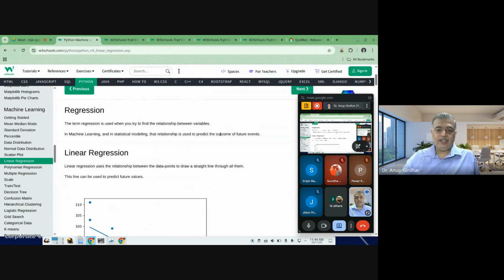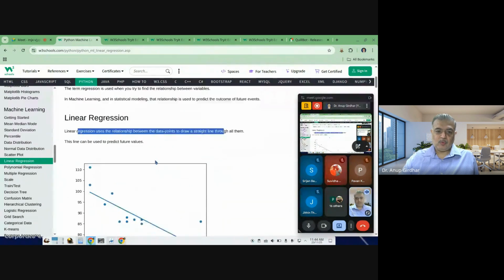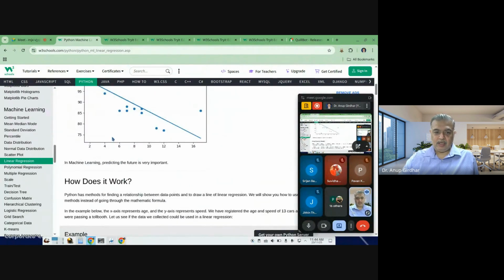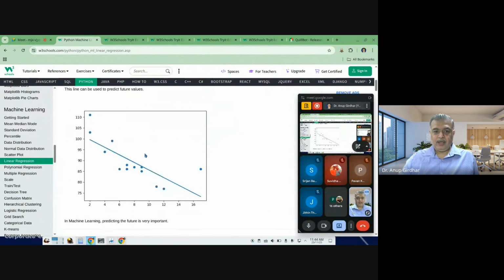Accordingly, we need to create the regression, and regression uses the relationship between these data points to draw a line between them. The more the data points are relevant to the line, the nearer they are, and that is what you can easily identify.